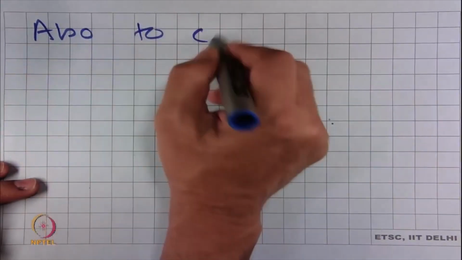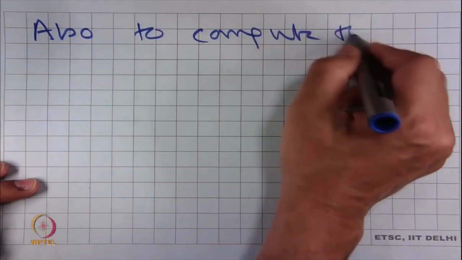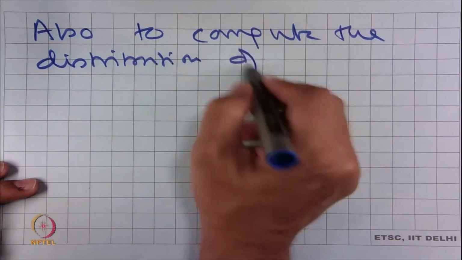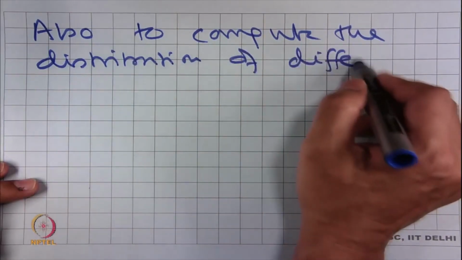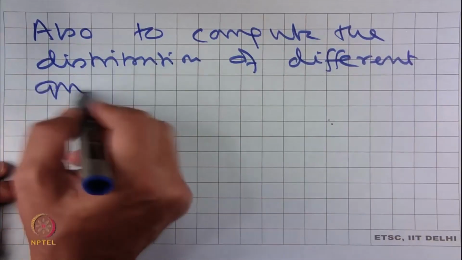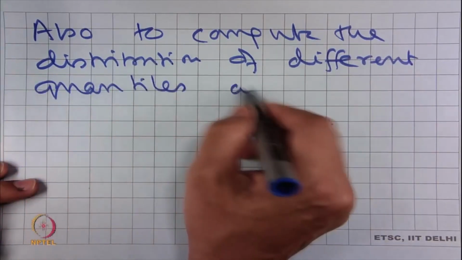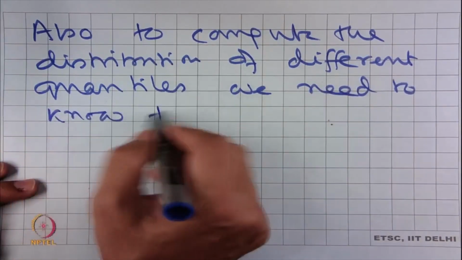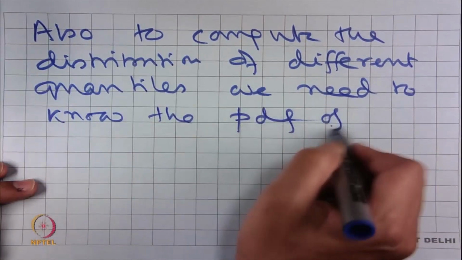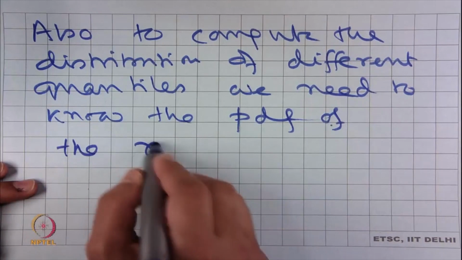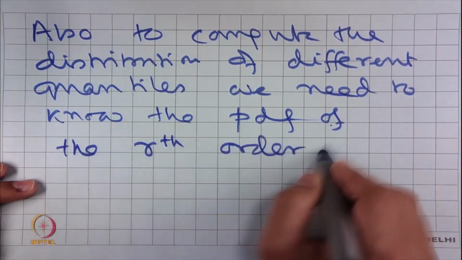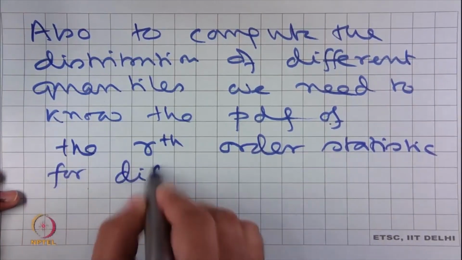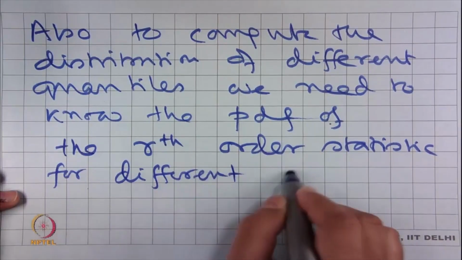Also, to compute the distribution of different quantiles, we need to know the PDF of the rth order statistic for different r.